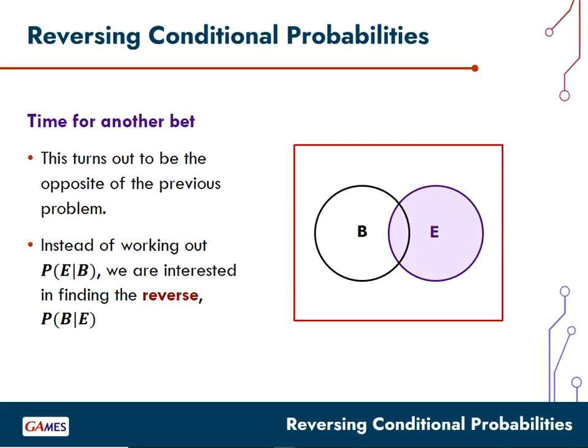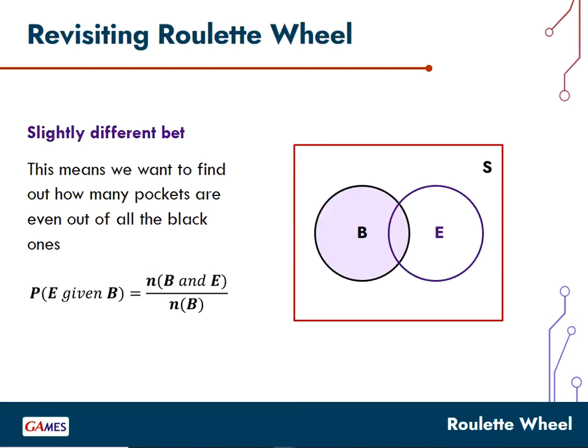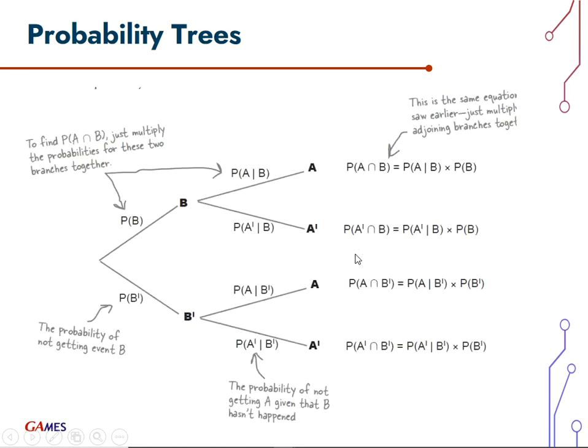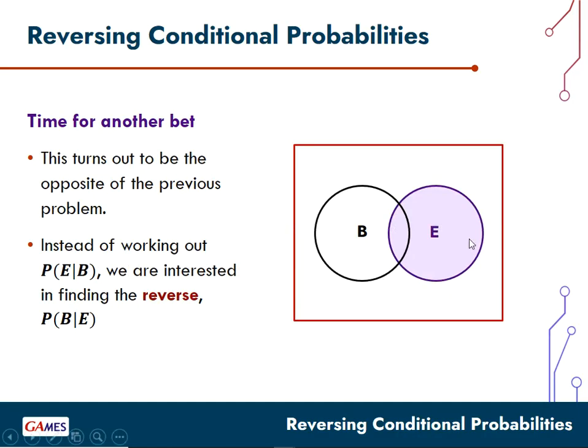Okay. So like I mentioned, this is the opposite of the previous problem. You can see now that E is what is shaded here, unlike what we had previously, where B was shaded. We're trying to compute the probability of an E given a B. Now we're doing the exact opposite, the reverse, trying to get the probability of a B given an E. All right.